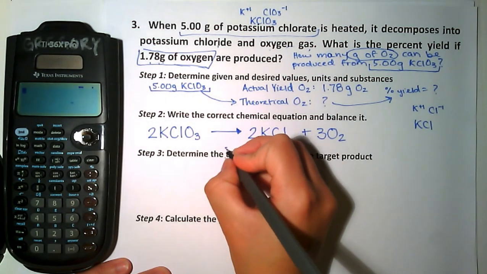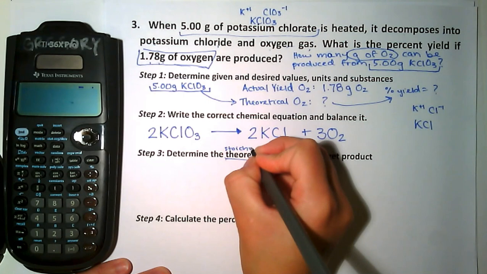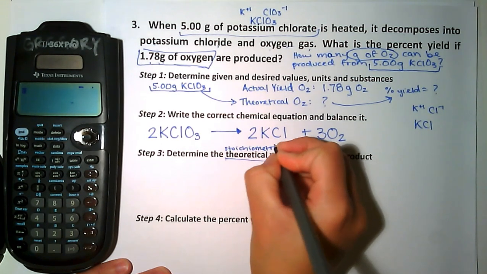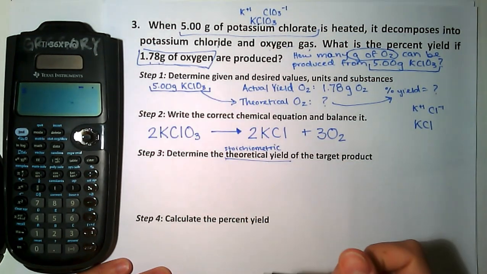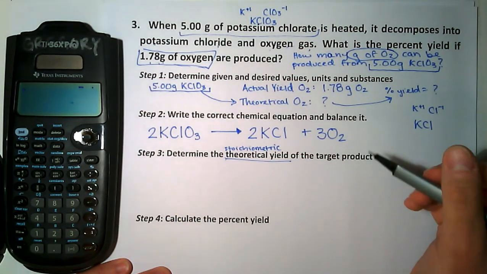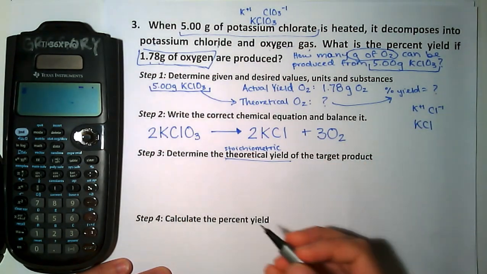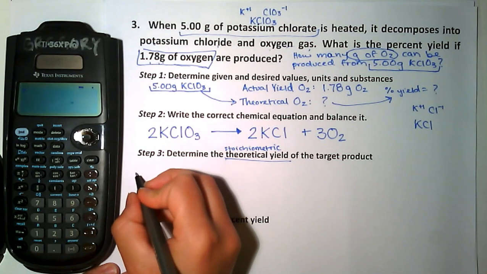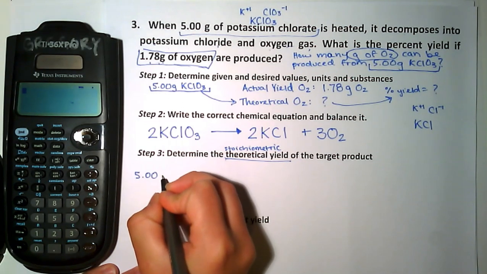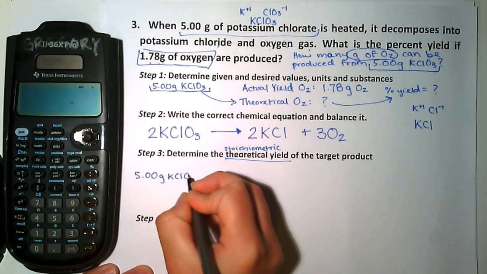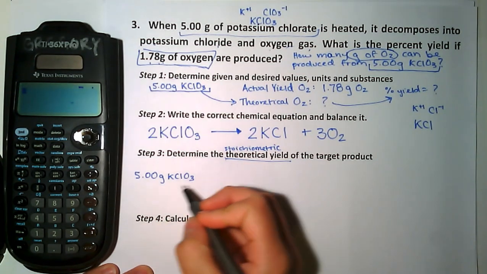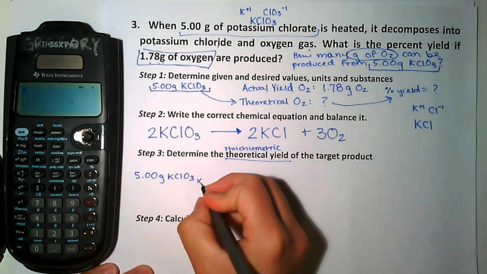Sometimes this is also called our stoichiometric yield. So theoretical or stoichiometric yield. If we do our stoichiometry problem, how much oxygen will be produced? We're going to start with 5.00 grams of KClO3. This is a gram to gram conversion, so it's going to require 3 steps.